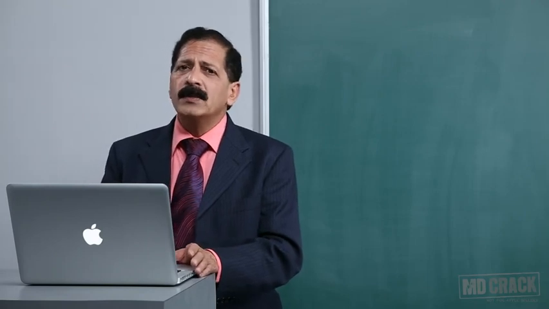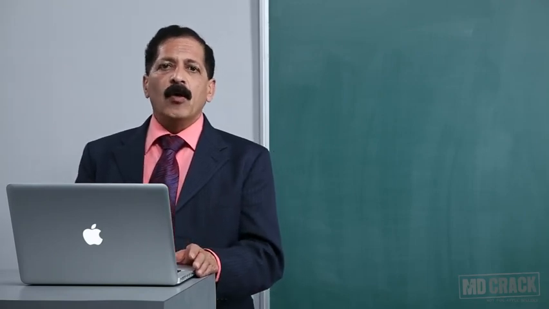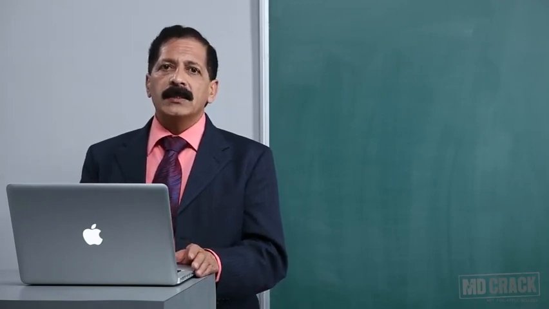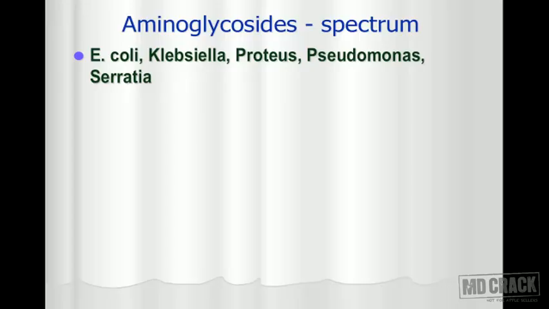Let's go on to see what's the spectrum of activity, what are the organisms on which aminoglycosides are going to act. E. coli, Klebsiella, Proteus, Pseudomonas, Serratia. We should feel happy. They are useful against very important microorganisms from the gram-negative organisms. That's E. coli, Klebsiella, Proteus, Pseudomonas, and Serratia.